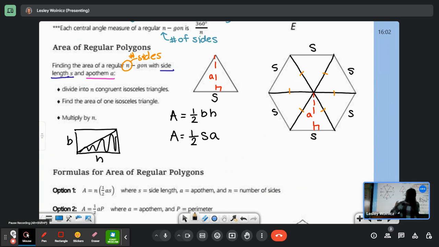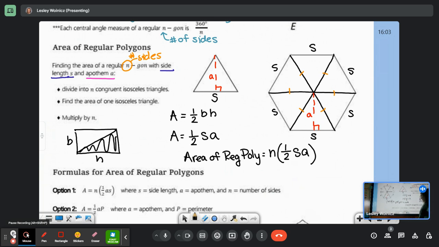N. Okay, so for a regular polygon, it's going to be however many sides, because that's the number of isosceles triangles, times the area of one of the triangles. 1/2 times S times A. Which incidentally, if you look at option 1, is the first option for a formula.